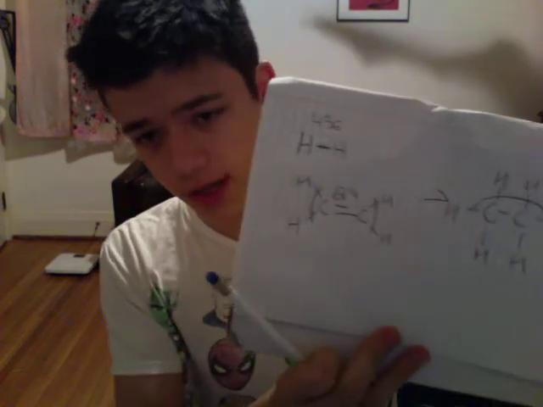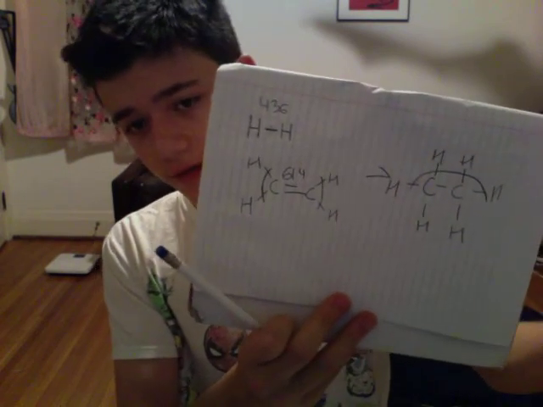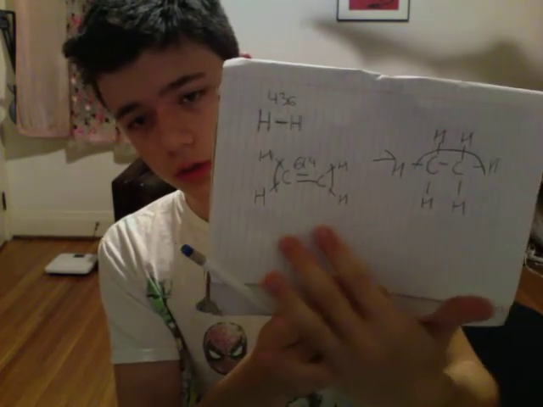So we can actually cancel out some of the bonds. Four of the hydrogen bonds in ethane are also in ethylene, so we can ignore them on both sides. I just struck a line through all the bonds that are redundant, okay? And so now we effectively only have 2 carbon-hydrogen bonds on this end, if that makes any sense.